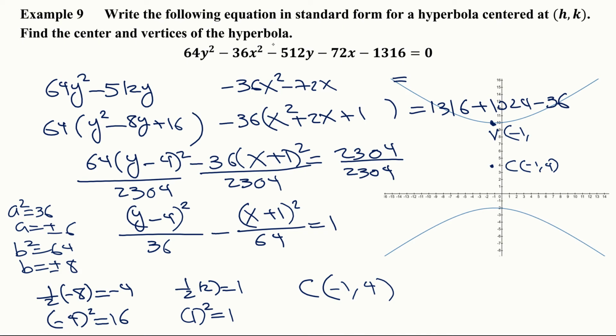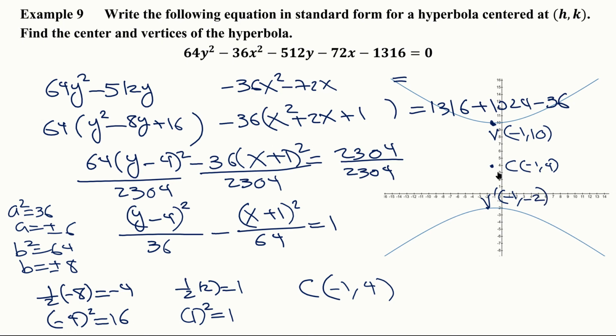So 4 plus 6 is 10, right? Now for this lower vertex, V prime, I know it'll be at the same x value, -1, but I need to take the y value of the center and subtract 6 from it, so -2.